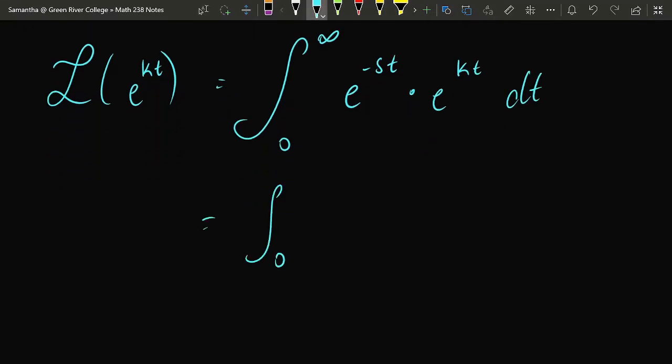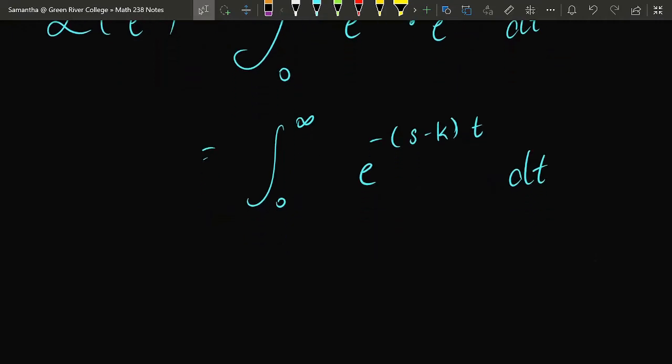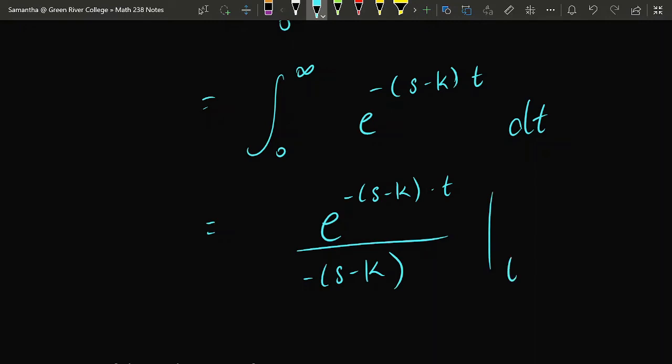So if I simplify that, this would be the same thing as e to the negative s take away k quantity multiplied by t. So the antiderivative would be equal to e to the negative s minus k multiplied by t divided by the constant multiple in the exponent, s minus k.